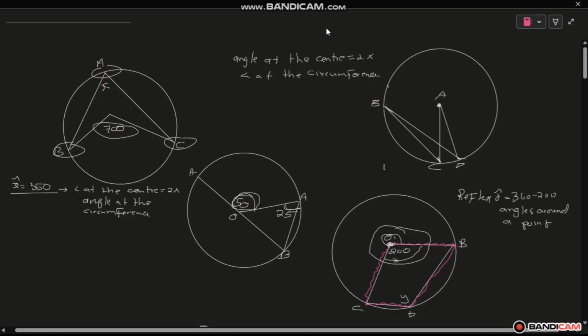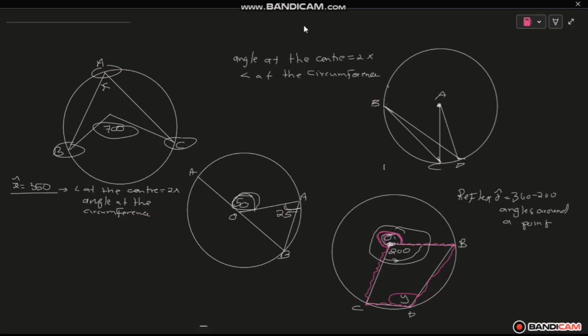No, because it is not a center. It is inside the shape. It must be outside. Therefore, use your calculator. You'll find that reflex angle O equals 360 minus 200, which gives 160°.